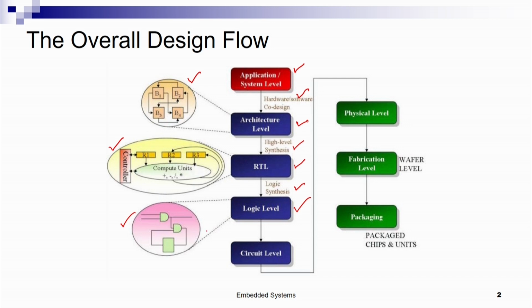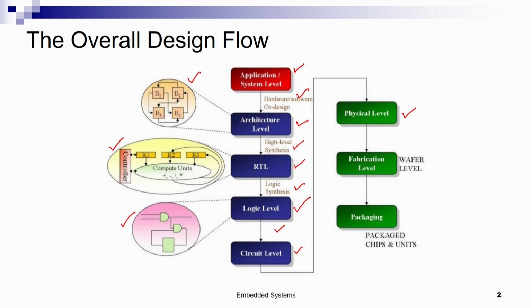Now, from this gates and flip flops level design, we go through a process called technology mapping, and we obtain a circuit level specification. From the circuit level specification, which is a transistor level design, we go to the physical level design, in which we obtain the geometrical structure of the circuit, or the layout of the circuit on the silicon wafer.